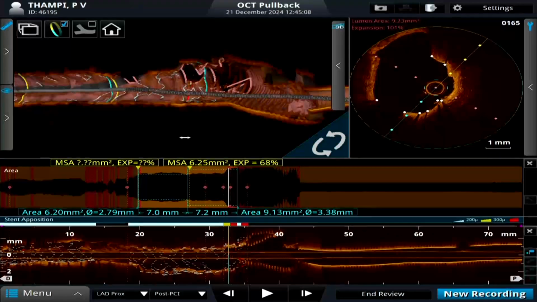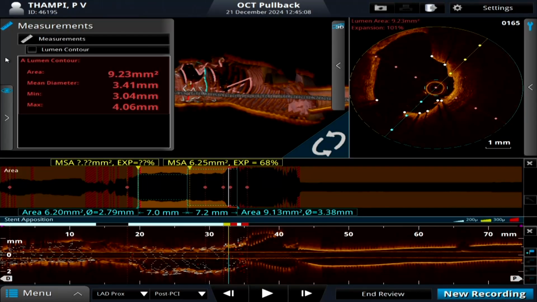Caudal? It's a blood artifact. Final cranial? Angiographically also it looks good.